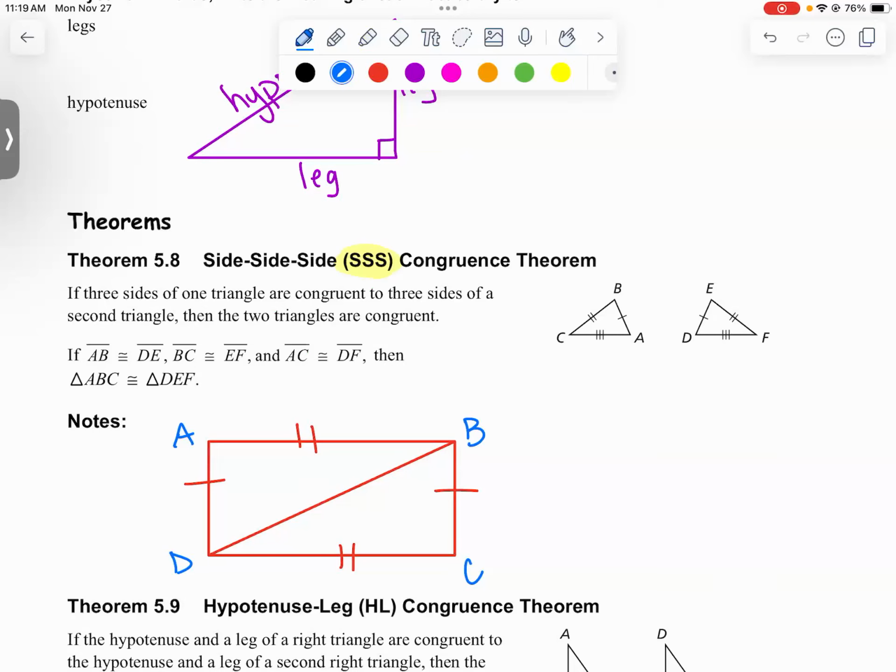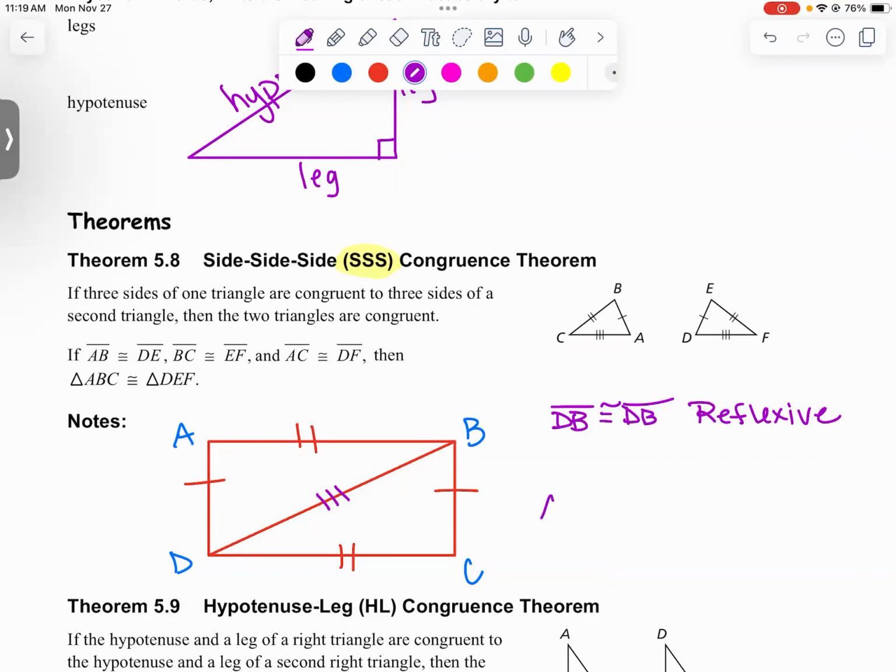Do we have two congruent triangles? Yes. DB is congruent to DB. So you're saying I can mark this right here, that we can say DB is congruent to itself because of the reflexive property, right?